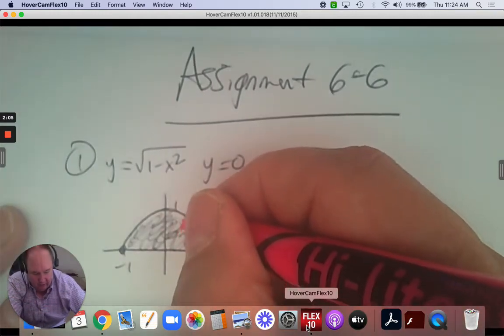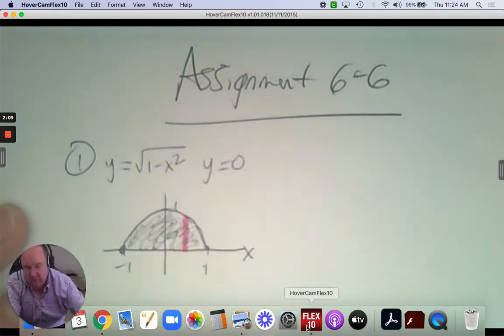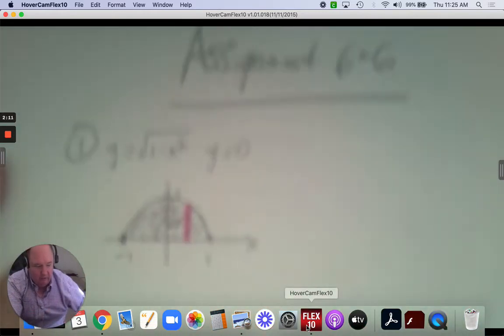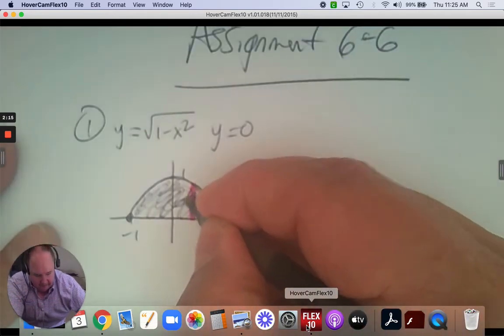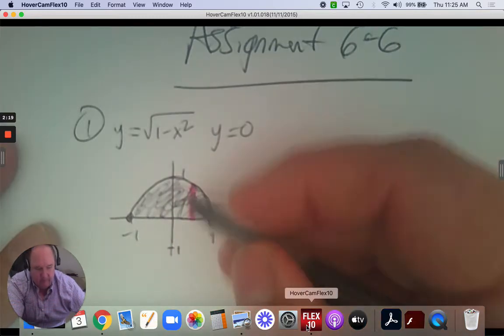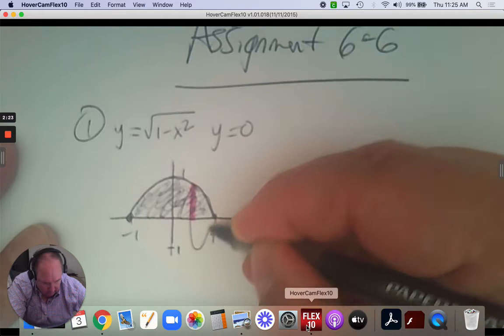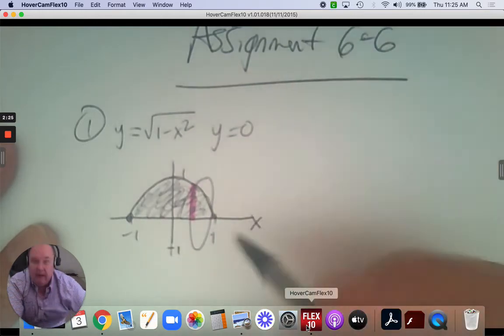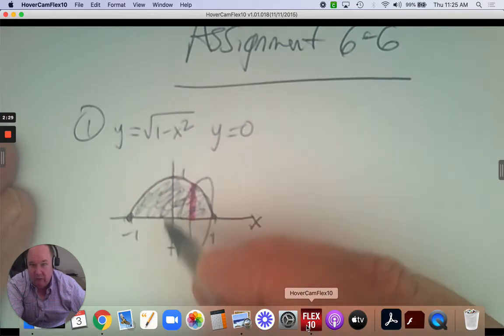I'm going to draw what will represent the radius. So for a known cross-section, that was the diameter. But if I'm revolving this around the x-axis, this shape above would then be below.